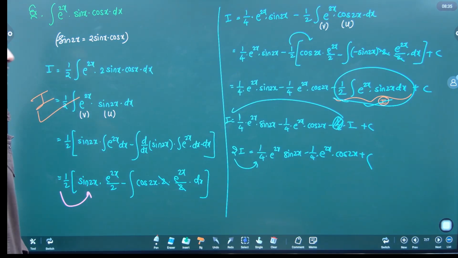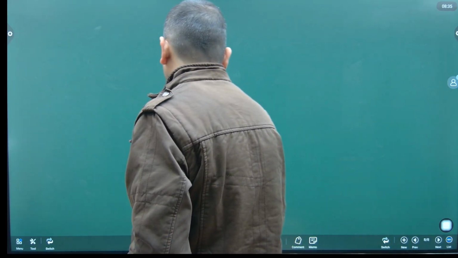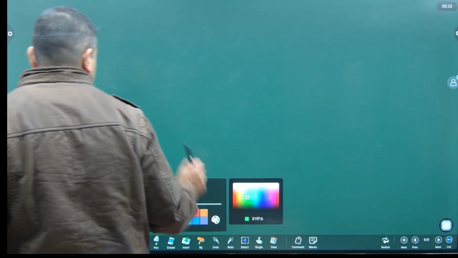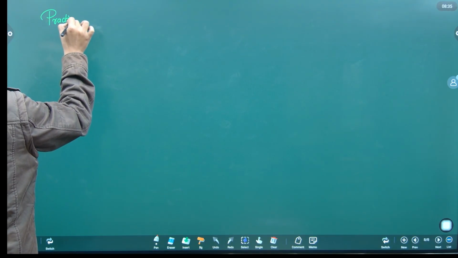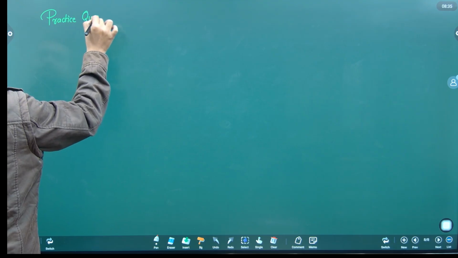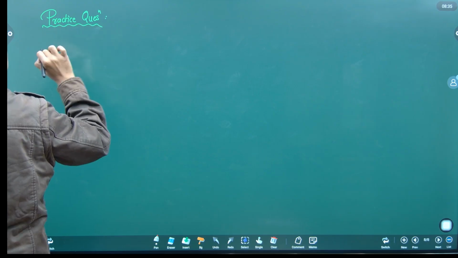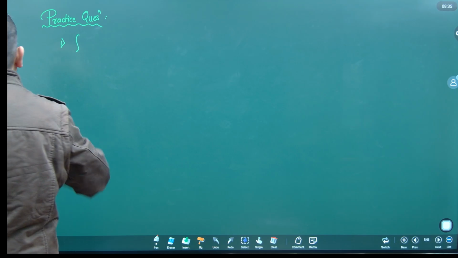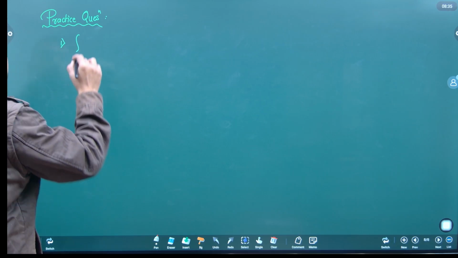Now for practice I am giving some examples. Please note them down and you can try these. Write down the first one: integral log of x square plus 1 dx.